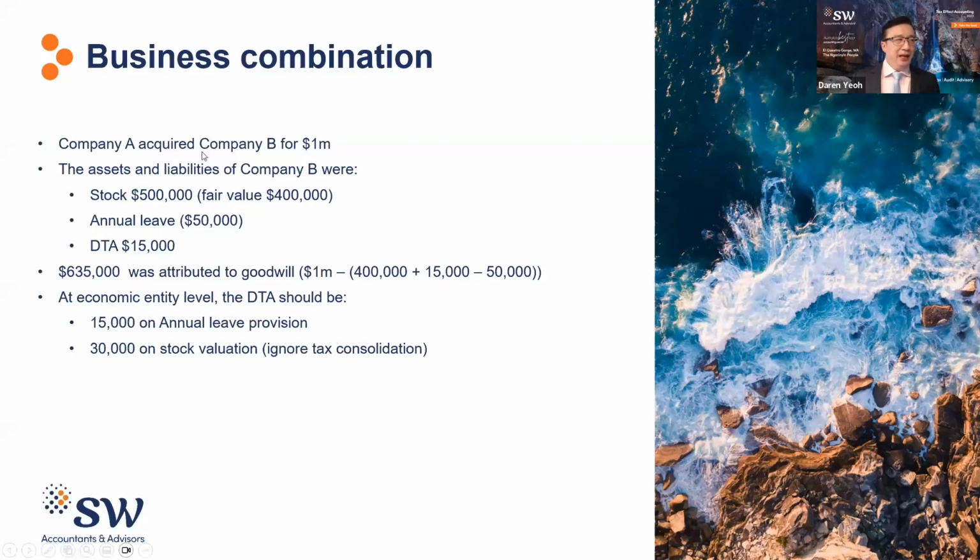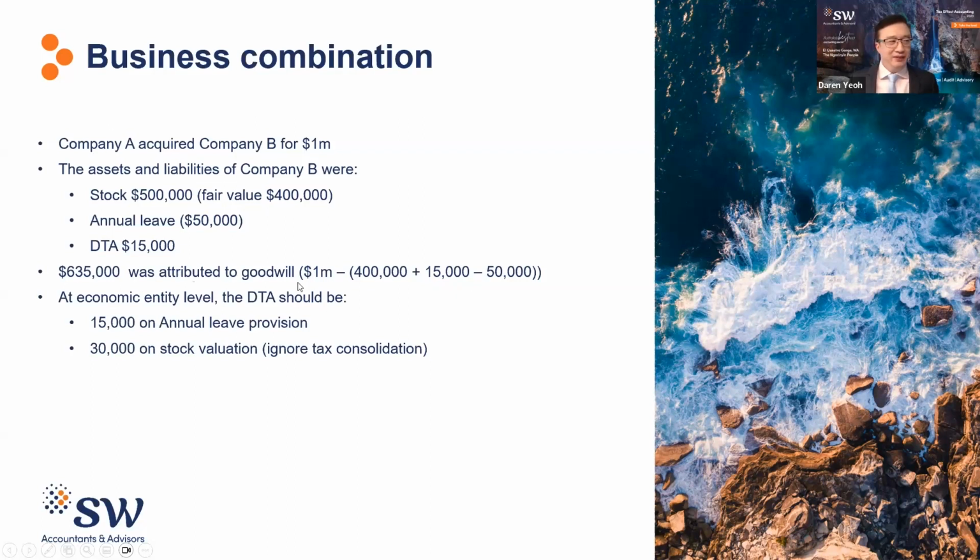So company A, when it initially posts its journal entries for financial consolidation, will recognize a goodwill initially of $635,000. So it pays $1 million for it, minus the fair value of assets, $365,000, which is what's recognized in subsidiary company B: the stock, the DTA on the annual leave, and the annual leave provision.